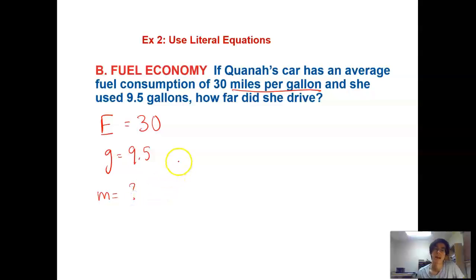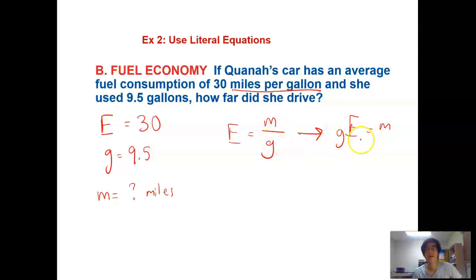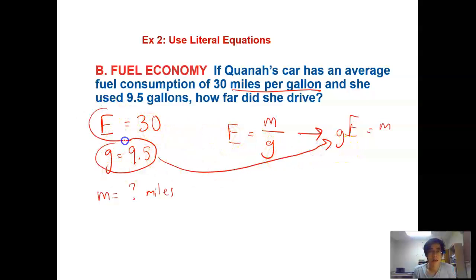So if I want to find out how far she drove, what I'm missing is that M. How many miles do I have? Before, I had my equation E equals the miles driven per gallon, and I manipulated the variables to have gallons times E equals M from my previous problem. So all I'm doing, folks, is plugging in this value where G is right here, and this value where capital E is right there.